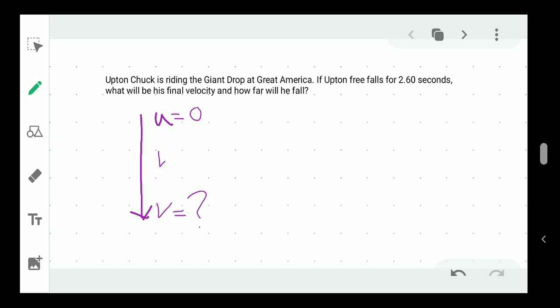Also I have to find out the height, that means the displacement. The only things I know are the time of fall, and the acceleration g, which for simplicity I am considering 10, but you should do it with 9.8.